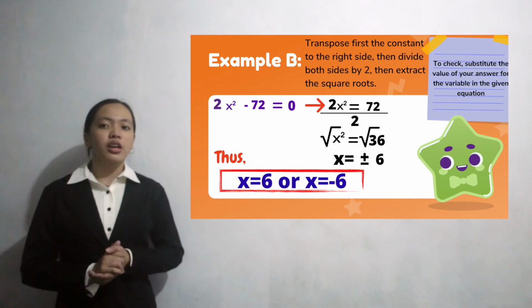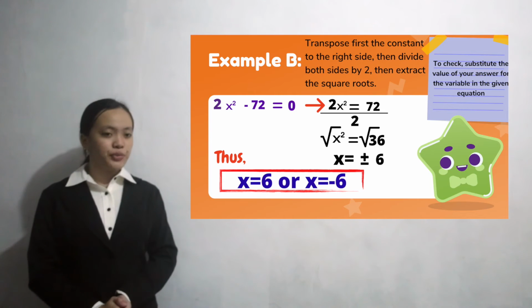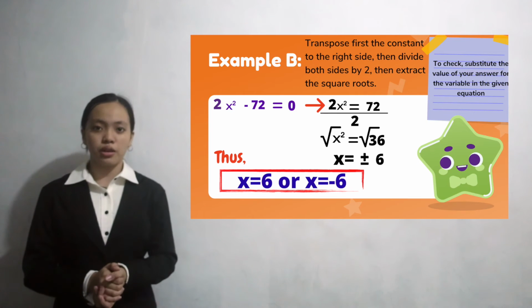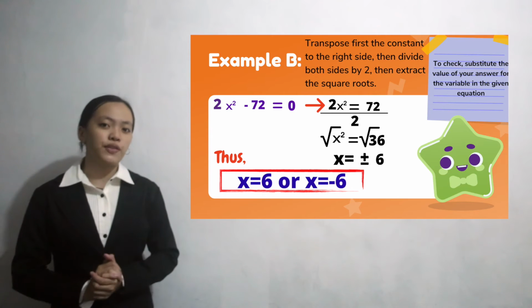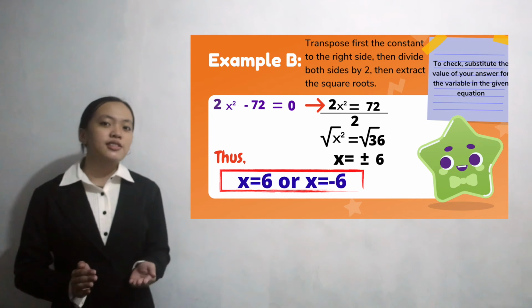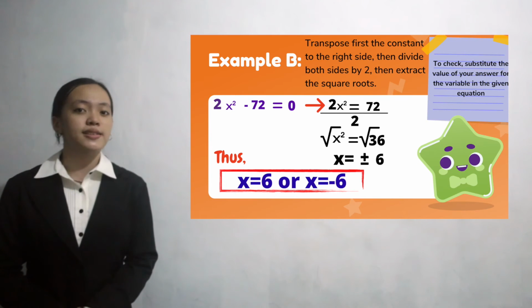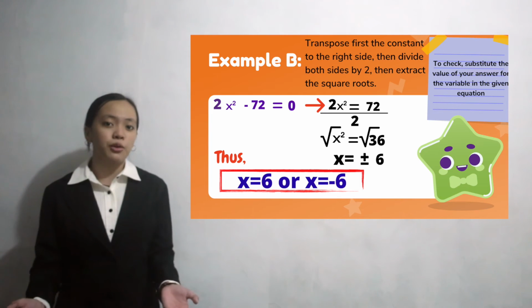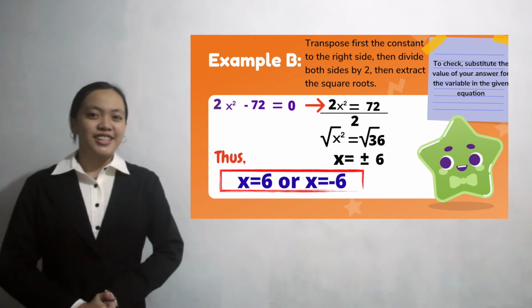Since both sides are still perfect squares, we extract the square root. The square root of x squared is x, and the square root of 36 is positive or negative 6. Thus, the roots of the equation are x equals 6 and x equals negative 6. To check your answers, just substitute the value of your answer for the variable in the given equation.